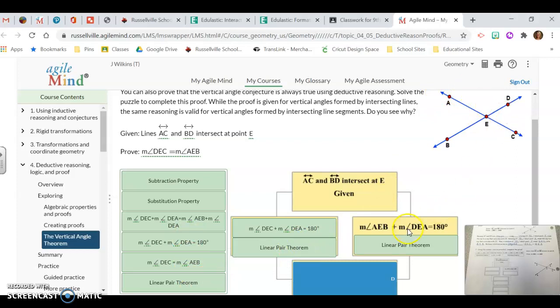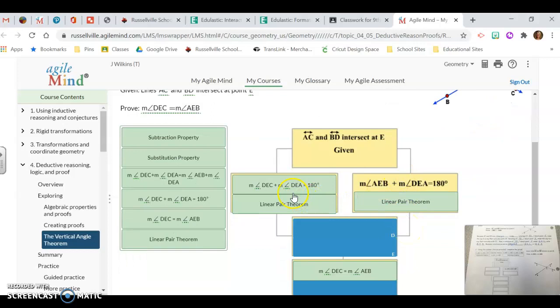All right, so now we're going to take these two, and since these add up to 180 and these add up to 180, then we can use the substitution property, and we can substitute and say, all right, well, if this equals 180 but this equals 180, then they have to equal each other, and that's what this one is saying.